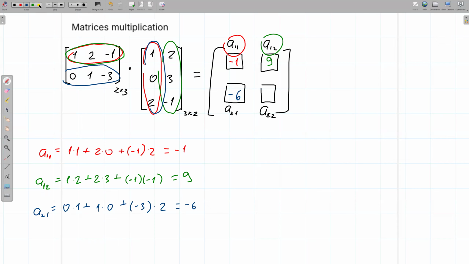I hope you can see the yellow pen. So let's now multiply the second row with the second column here. That will give me A22, which is 0 times 2 plus 1 times 3 plus minus 3 times minus 1, which is 3 plus 3.